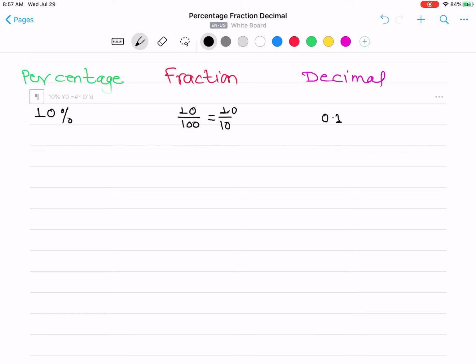Let's take another example of 15%. This is simply 15 by 100, or in decimal you can quickly write it by shifting 2 decimal points to the left, so it's 0.15.